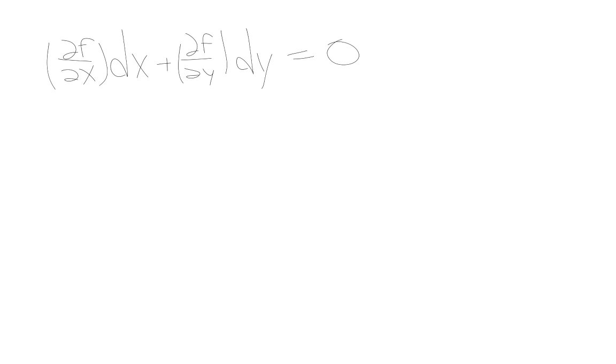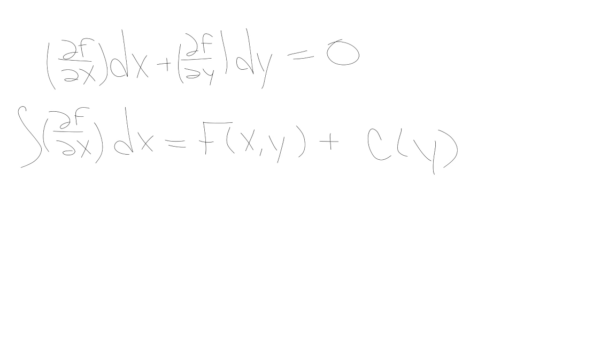I'll take my partial f with respect to x dx, and I'll integrate that. Integrating that gives me, I'll call this capital F of x, y, plus my constant of integration here, which is going to be a single variable function of y.